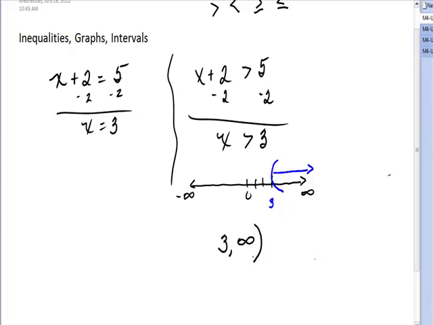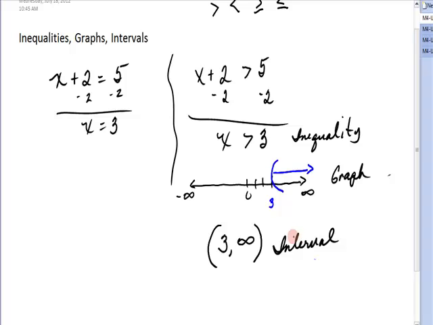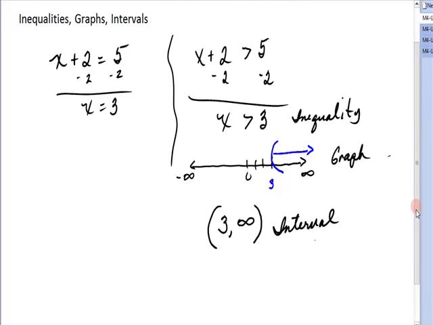Positive infinity always gets a parentheses on it. And in this case, since it was greater than 3 but not equal to 3, it gets a parentheses also. So here is the inequality. Here is the graph. And here's the interval. We're going to talk more about this interval notation and actually more about the graphing.